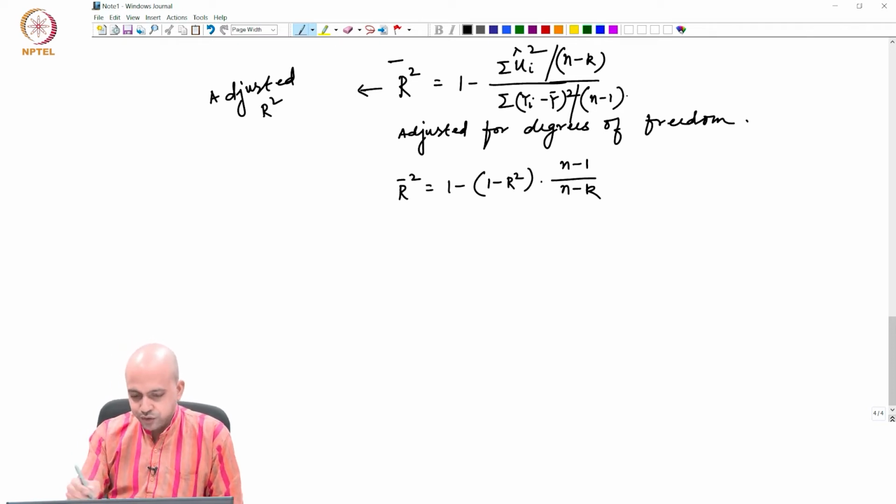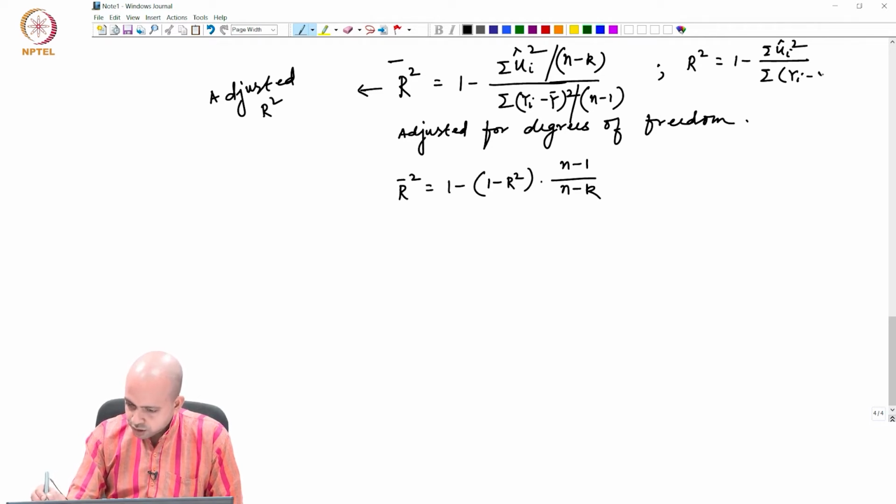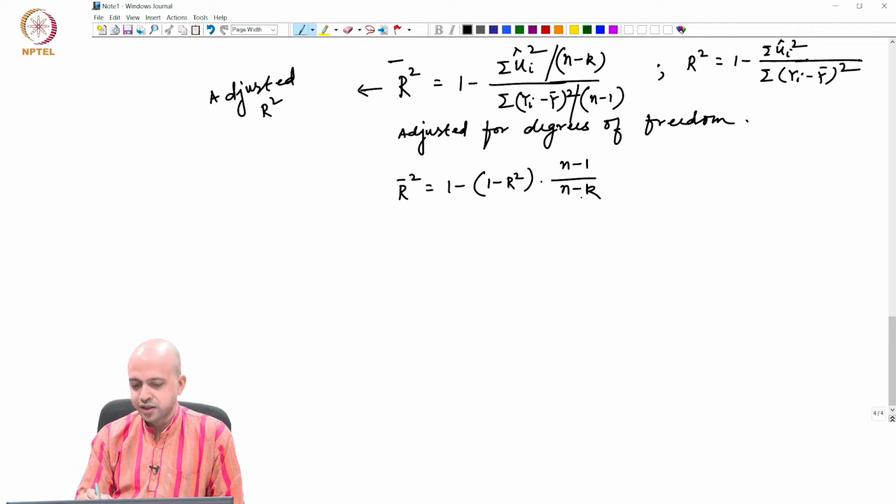So from here, because r square equals 1 minus sum of ui hat square divided by summation yi minus y bar whole square, if you put this in here, then you will get a relationship like this: r bar square equals 1 minus r square into n minus 1 by n minus k.